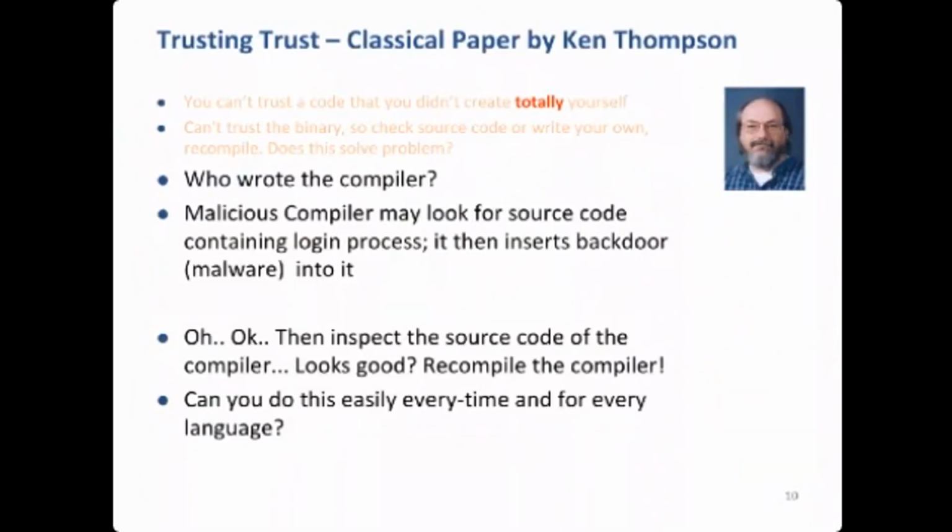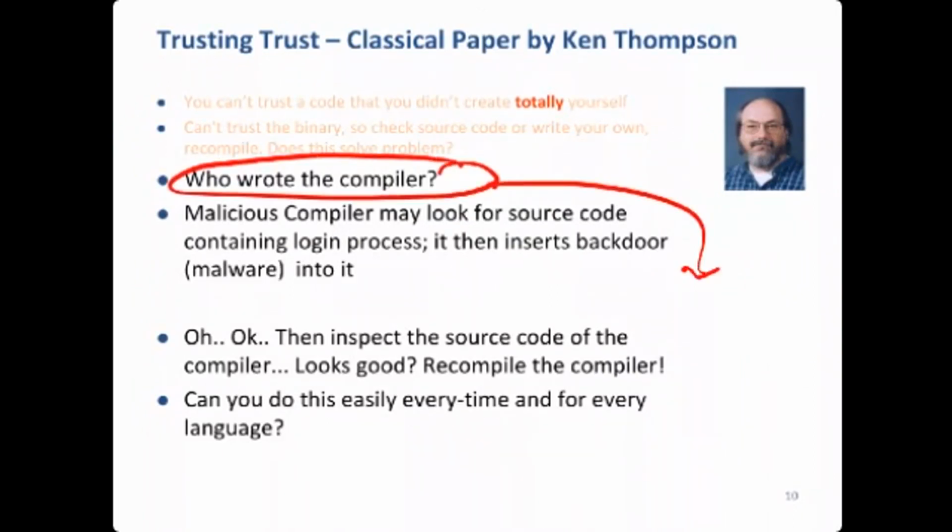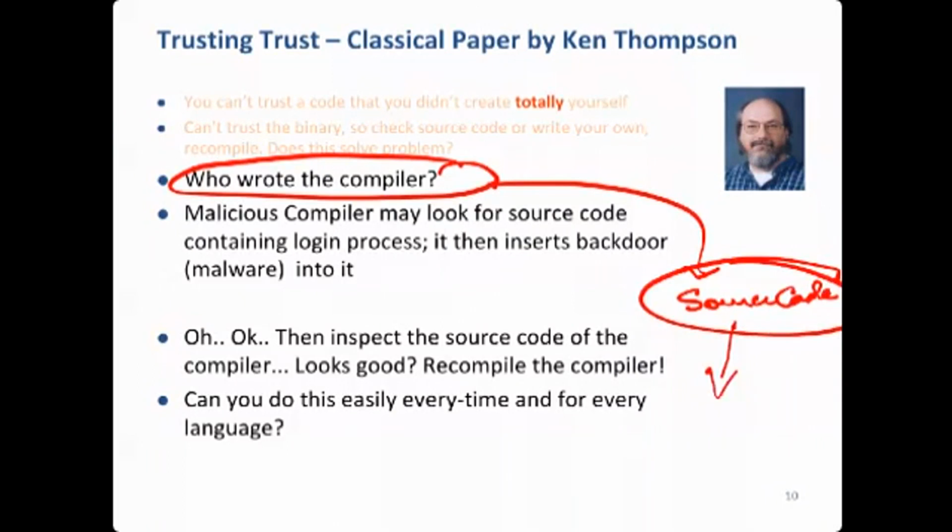Now you look at the compiler. Fortunately, compiler source code is also available, so you look at the source code. But compilers also require a small compiling engine. The compiler is written in a higher level language and a small part of it is binary, as you possibly know. Then you have to look at even that binary, and you go on and on.